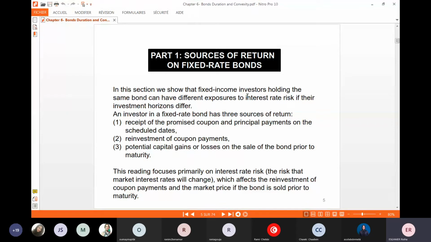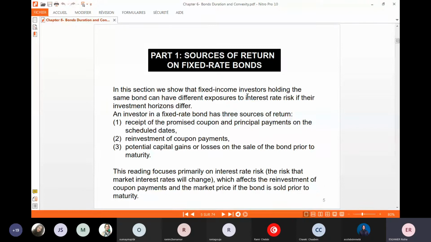If the market interest rates increase, and you decide to resell the bond before its maturity, the price at which you will sell it will be lower. Why? Because the market interest rates increased, so the denominator increased, and the price of the bond goes down.